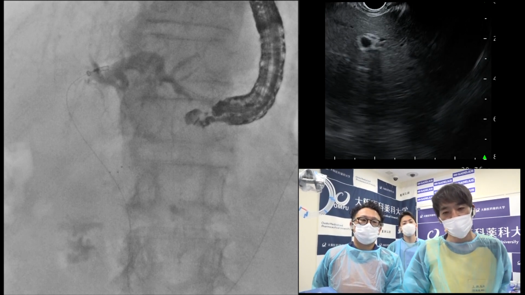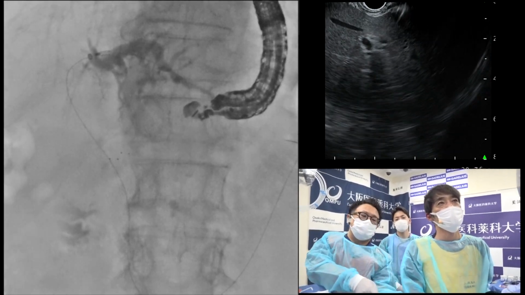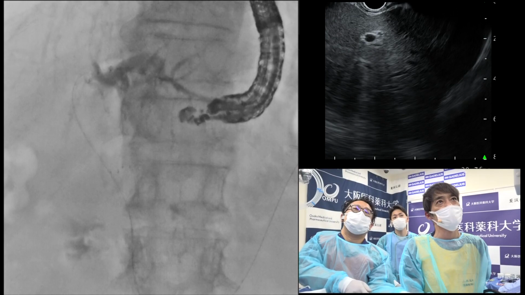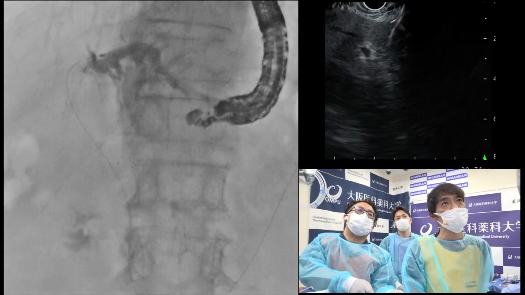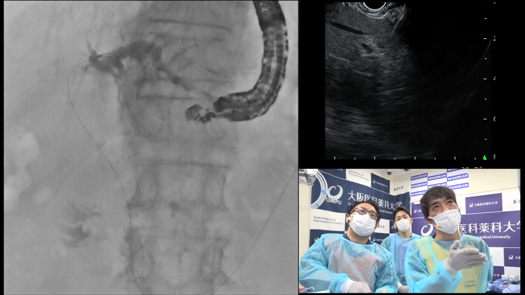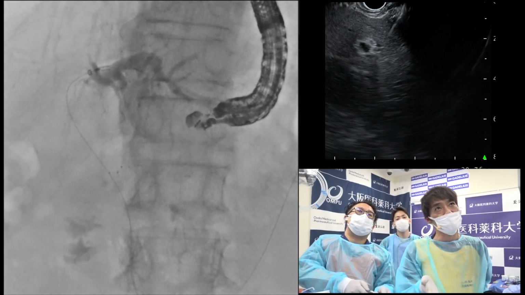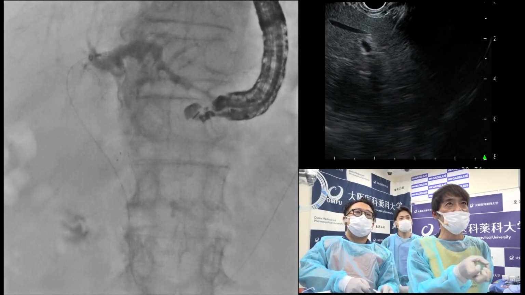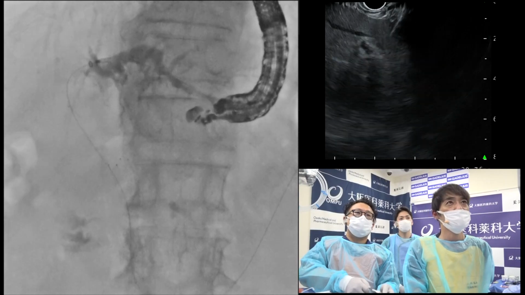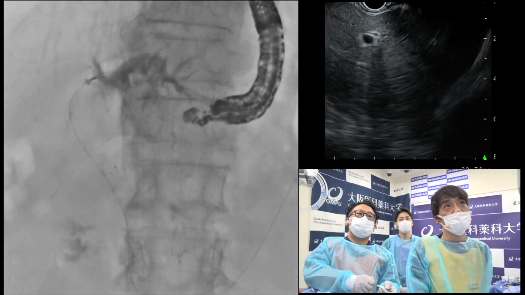Okay. So fluoro. Then we already insert the stent delivery system. But during pushing the stent delivery system, the echo endoscope escapes away from the hepatic parenchyma. So to obtain adhesion between the hepatic parenchyma and the stomach wall, after inserting the stent delivery system, you should pull the stent delivery system like this.